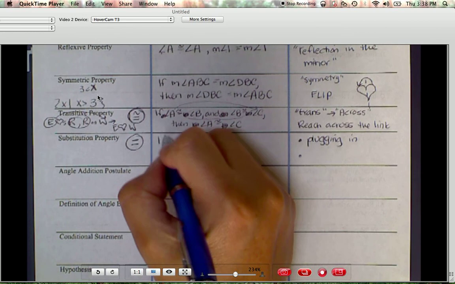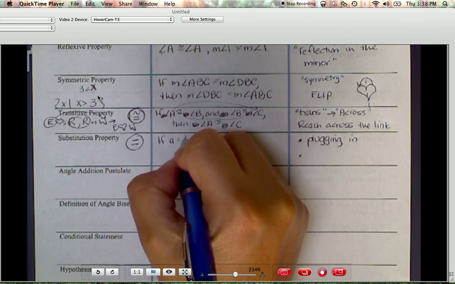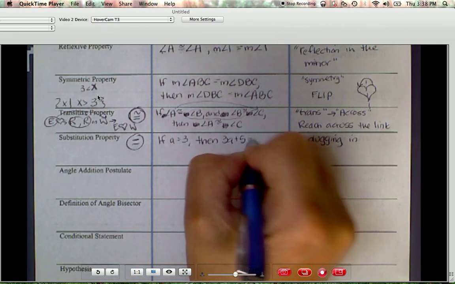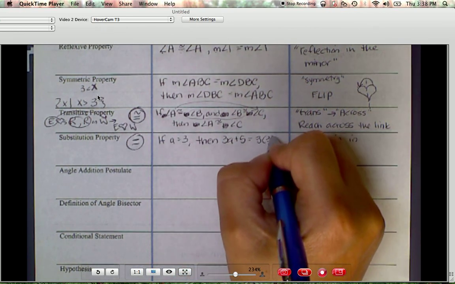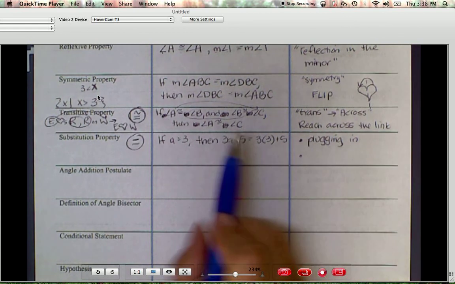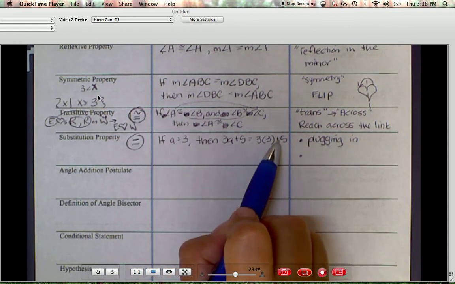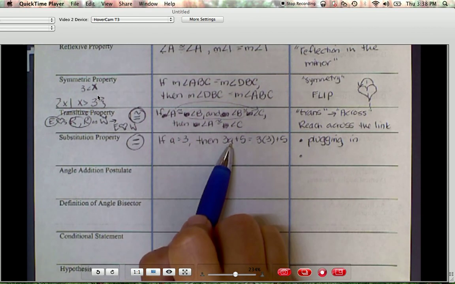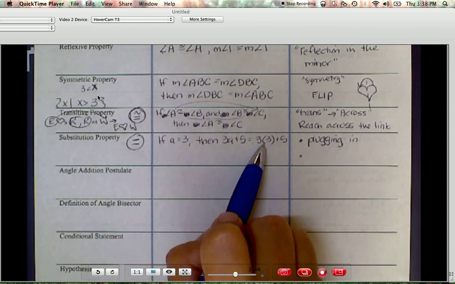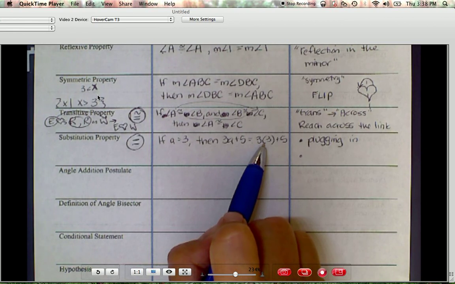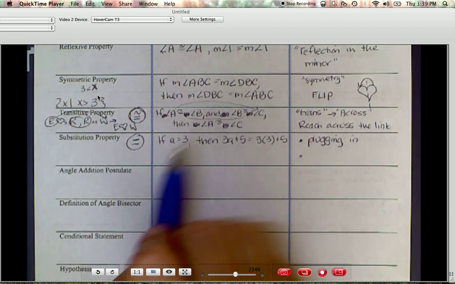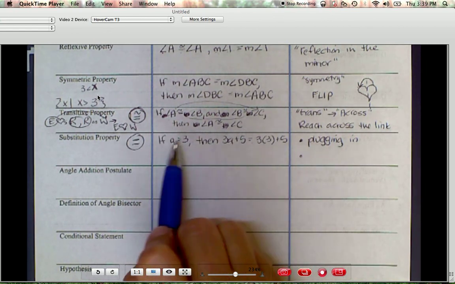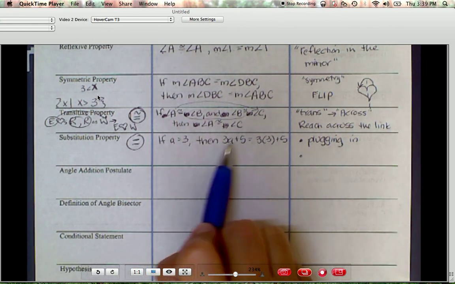If A equals 3, then 3A plus 5 is equal to 3 times 3 plus 5. So when we rewrite the statement and we take the A equals 3 and we just plug it in place of it, then that's substitution. So that's plugging it in. You're plugging it in for something that it's equal to. So instead of A, since A is equal to 3, we put a 3 in place of A.